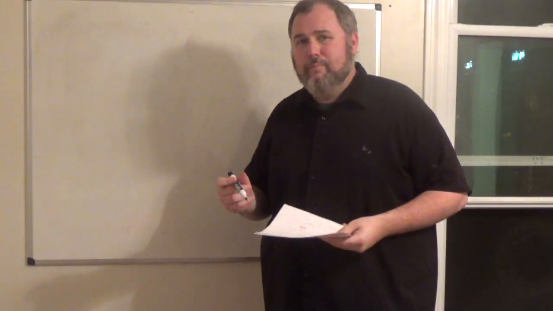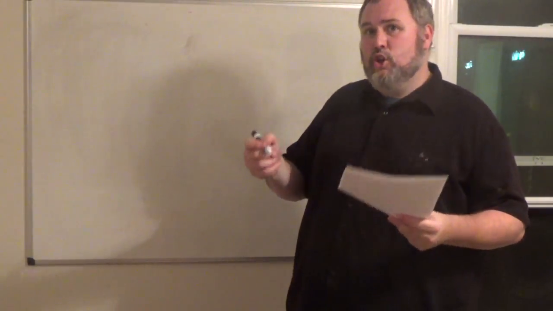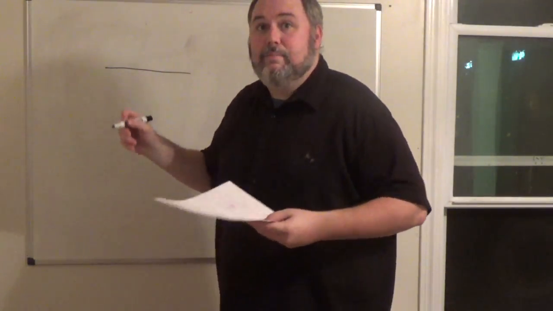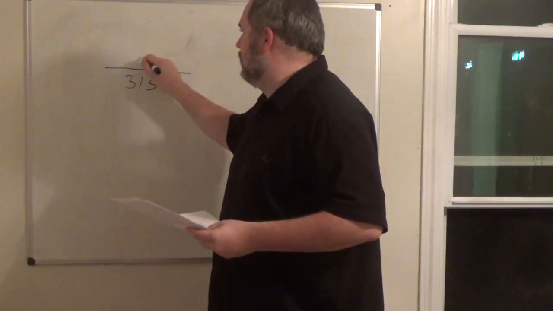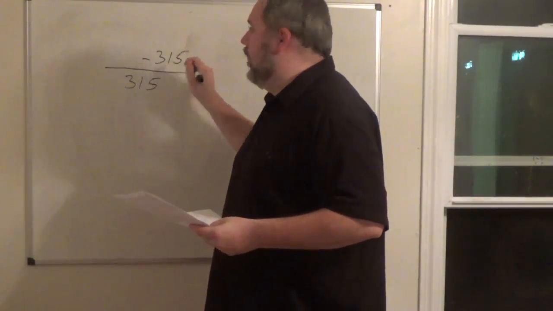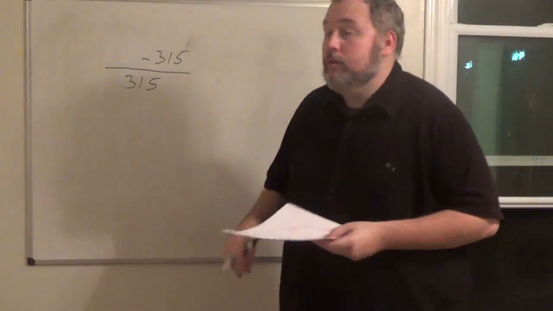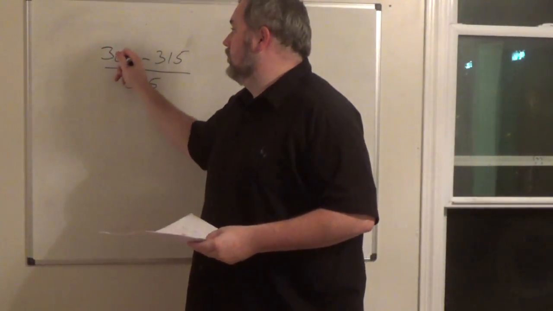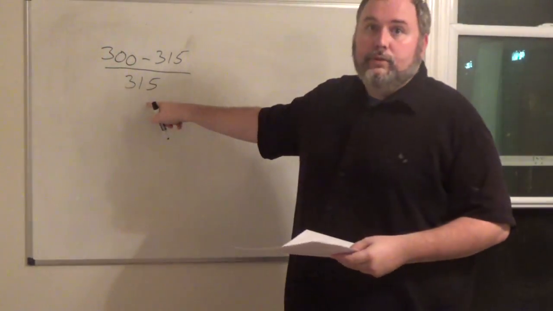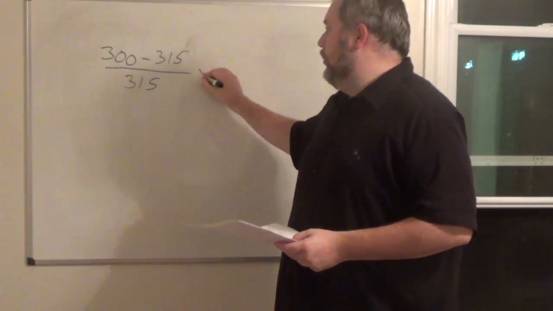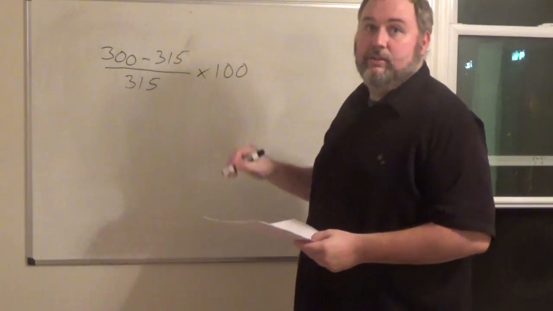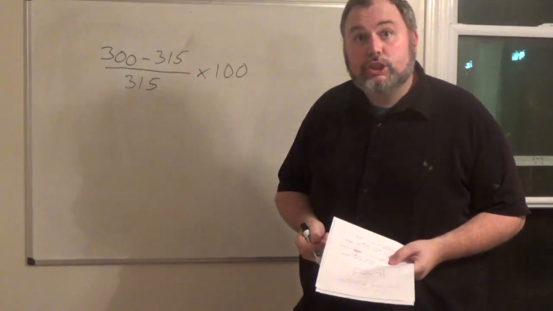Going back to that formula, it is the new minus the old. It says I was 315, so that makes sense to be my old. Wherever old is, I'm going to put 315. My new weight is 300 pounds. I'm going to multiply this by 100 because that's what my equation tells you to do.